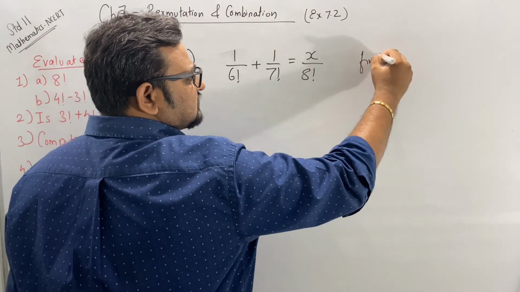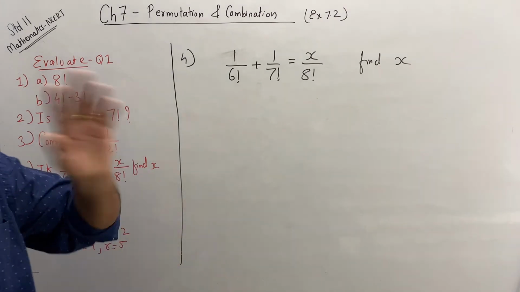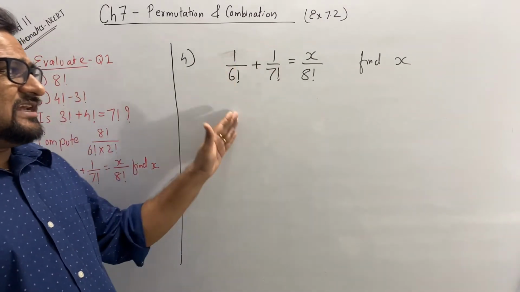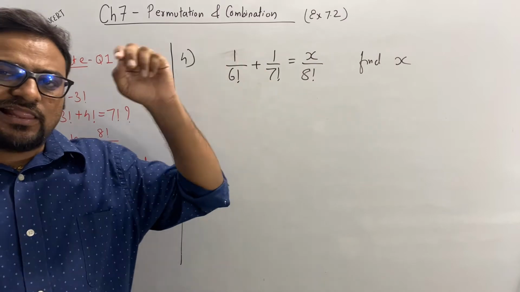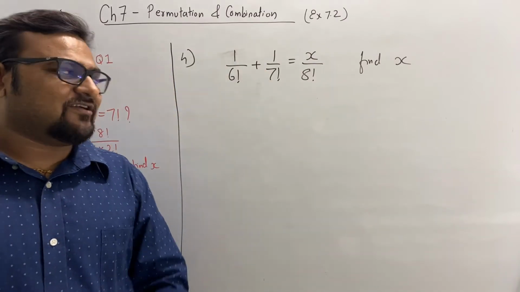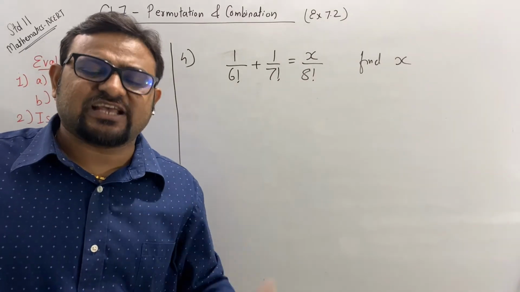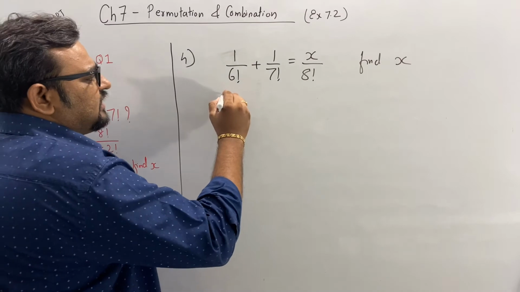And your question is find x. Okay, so see, from 6, 7, and 8, the lowest number is 6 factorial. So I will try to reduce this to get a 6 factorial. So how can I do it?